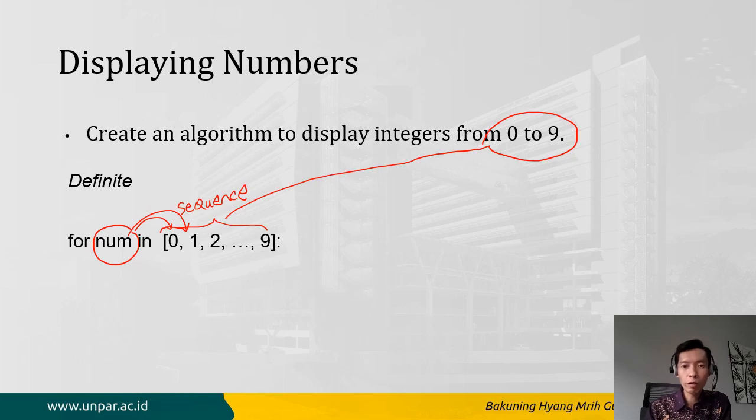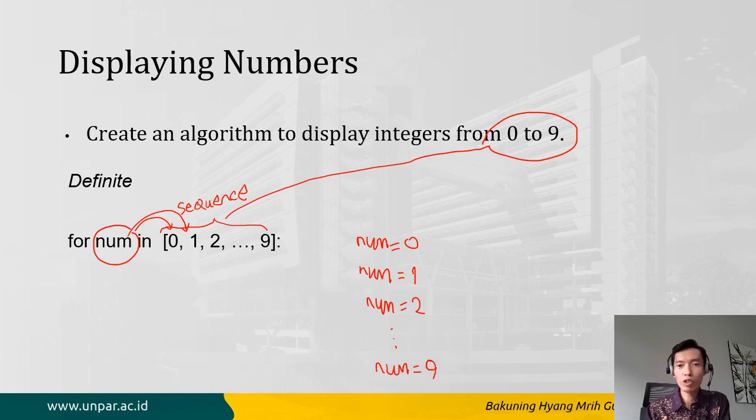So the variable num will take the value 0 for the first time, and then later it will take the value 1, and then it will go on to the value 2 until finally it will take the value 9 and it will finish, because all the elements in the sequence have been picked by this variable.